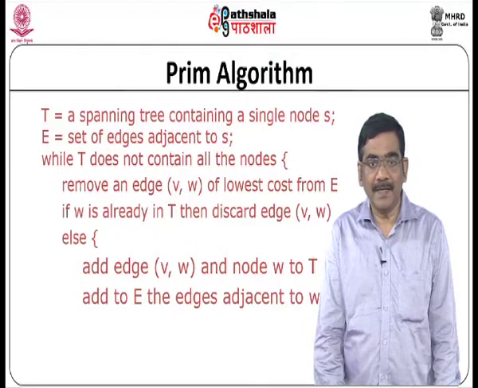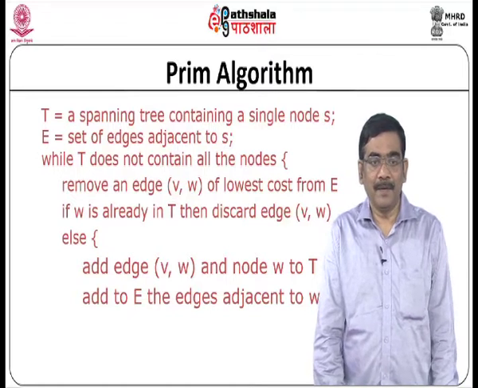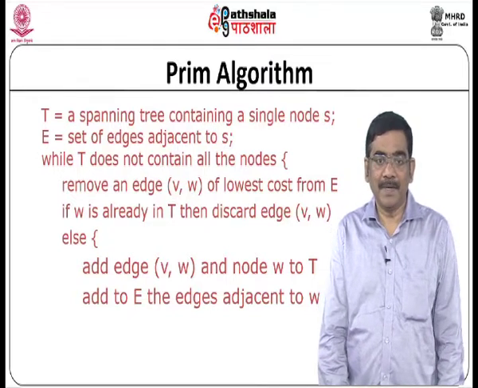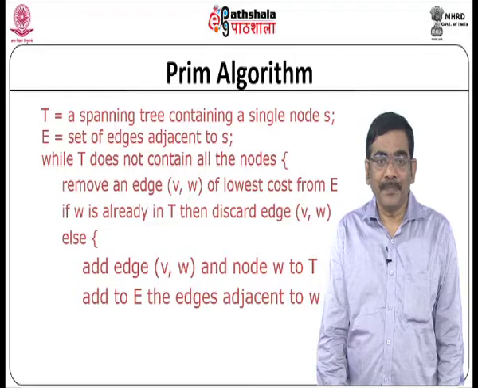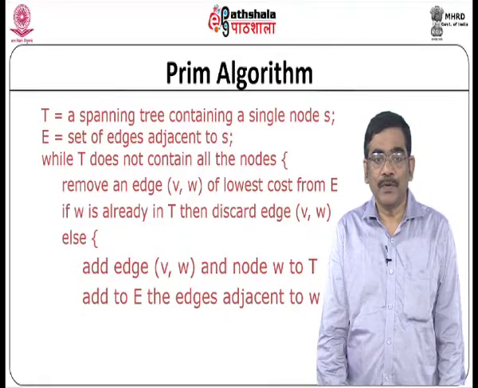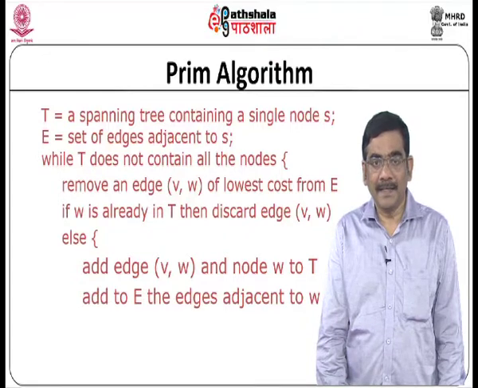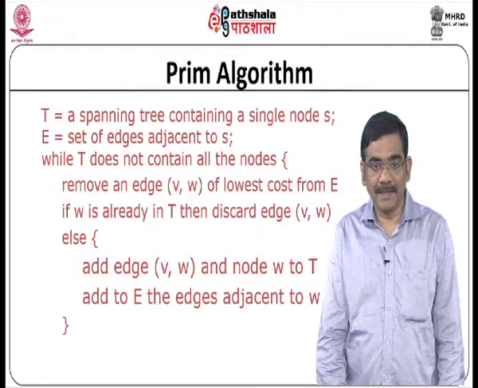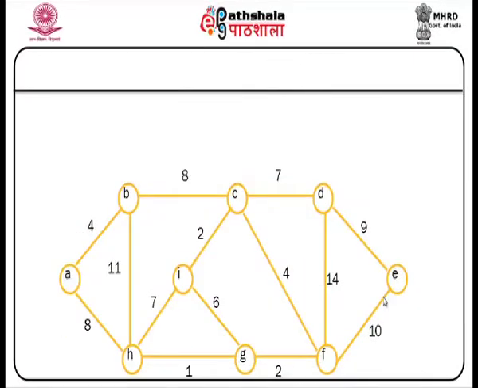We can start anywhere in Prim's algorithm, and E is the set of edges that are adjacent to S. I am taking the edge and checking whether it is already there. If so, I discard it, otherwise I add it. So, this is the informal algorithm of Prim.